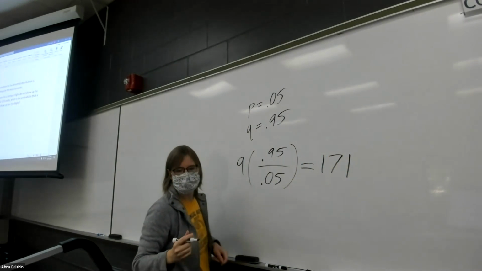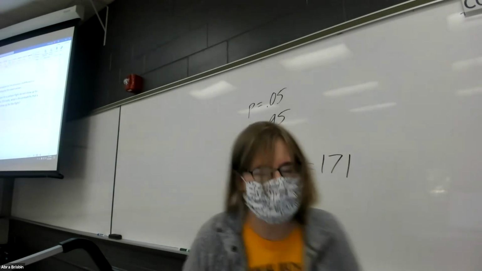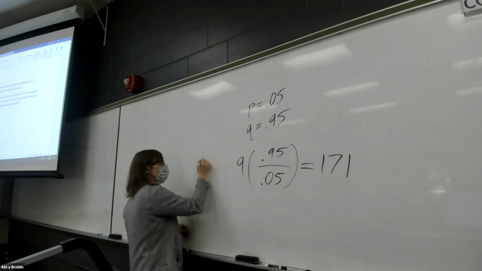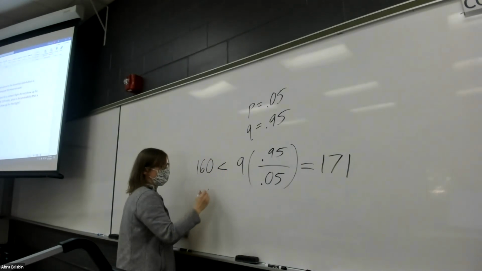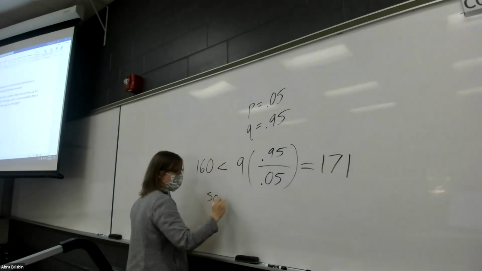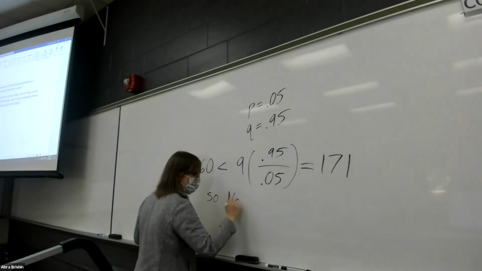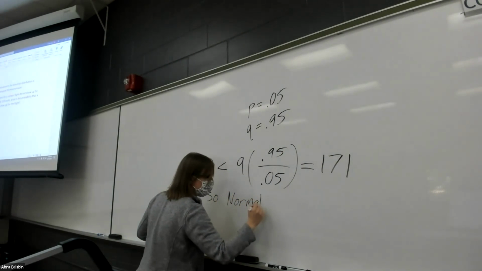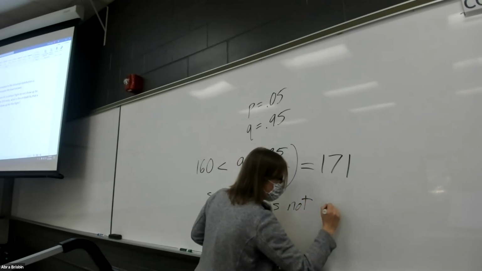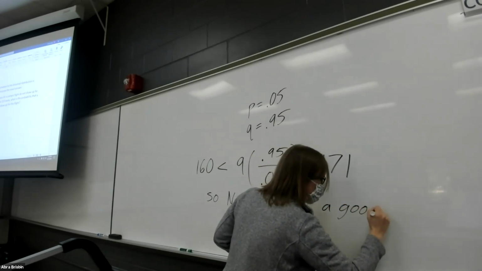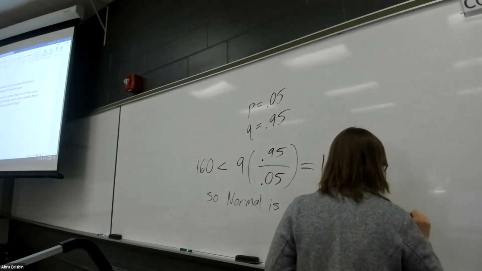So our value of n was 160. Is less than that. So the normal distribution is not a good approximation.